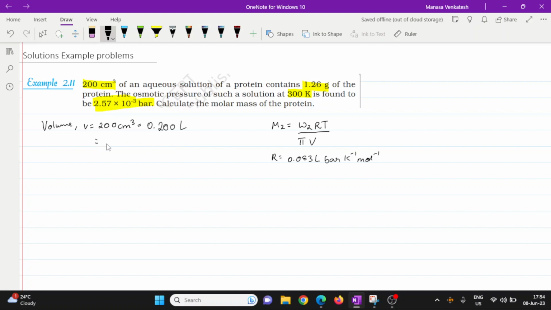So this essentially is 200 ml, and divided by 1000 it gives us the volume in liters.